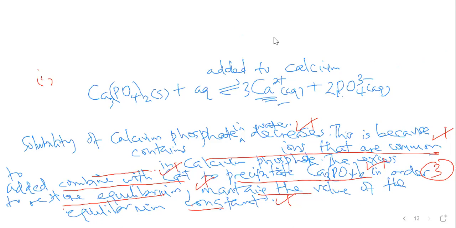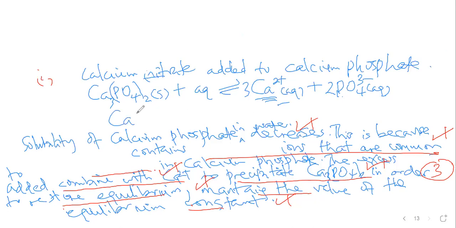So let's see. We are now adding calcium nitrate, which is a soluble compound. According to our definition, it brings out that very well. We're adding it to calcium phosphate.